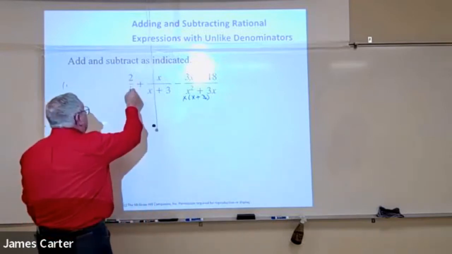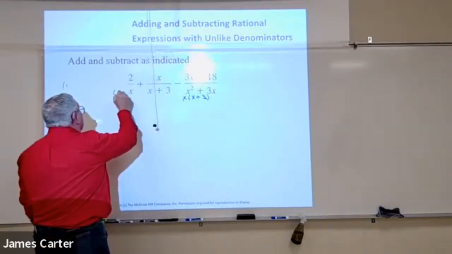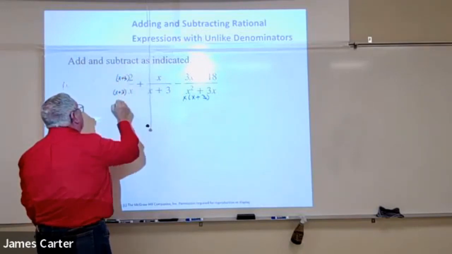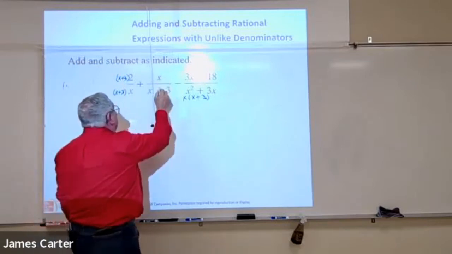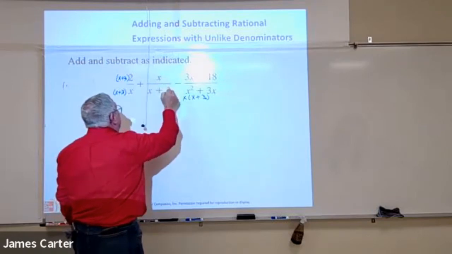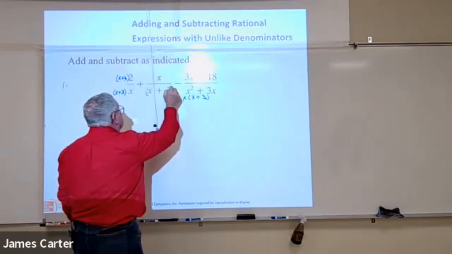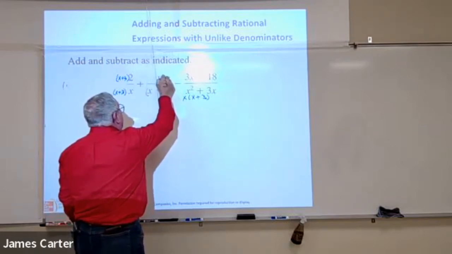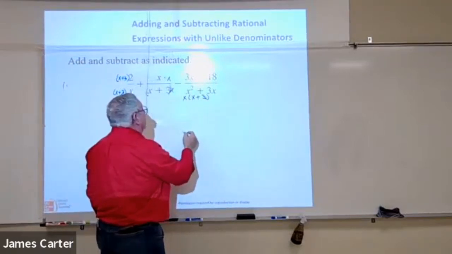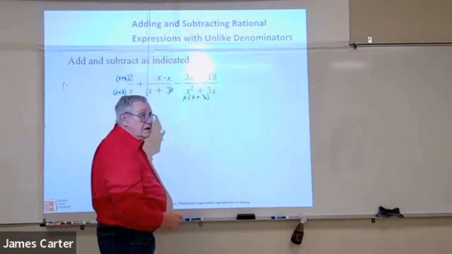So what have I got to do to this one? I got to multiply by x plus 3 and x plus 3. This one, I've got the x plus 3, but I'm missing the x. So I have to multiply this by x and this by x. That one's got everything in the denominator, so I don't have to do anything to it.